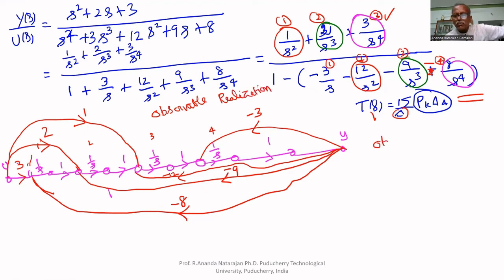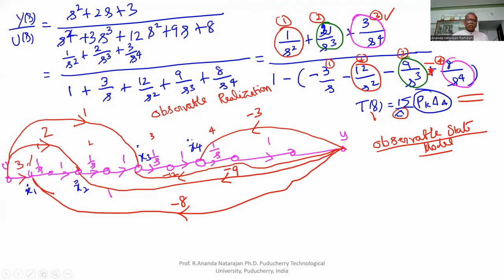Now let us find the observable state model. We have to assume that this node is x1 dot, this node is x2 dot, this node is x3 dot, and this node is x4 dot.